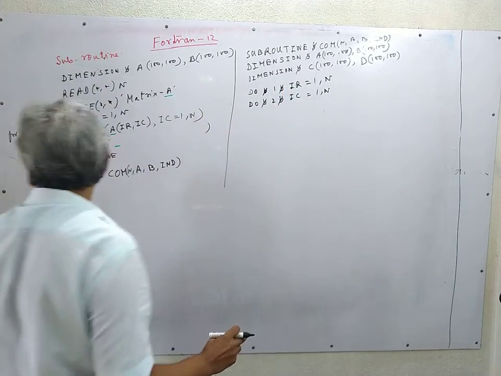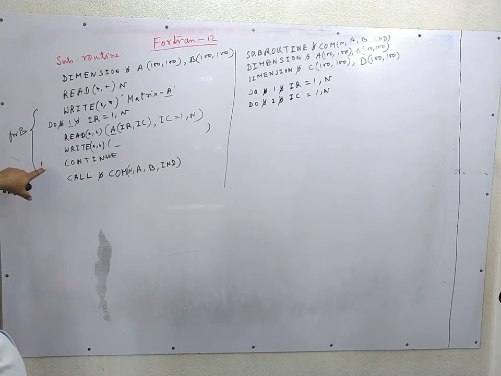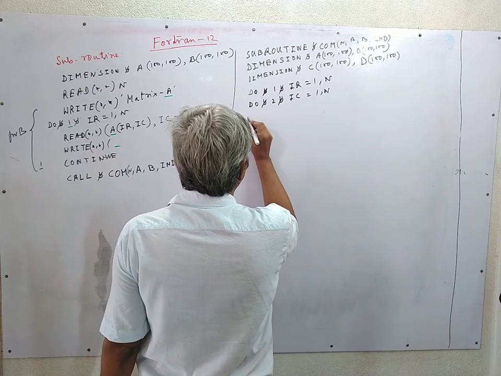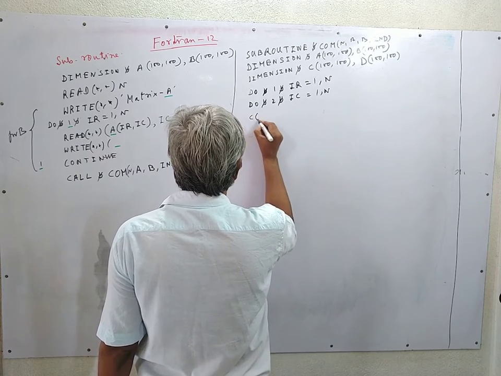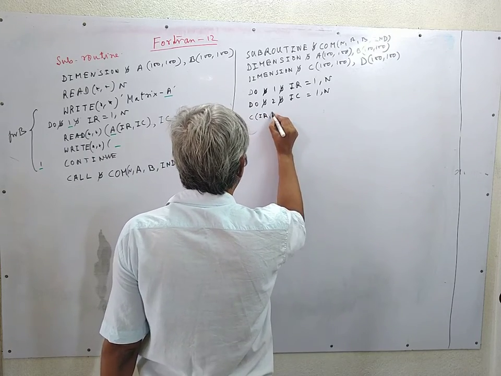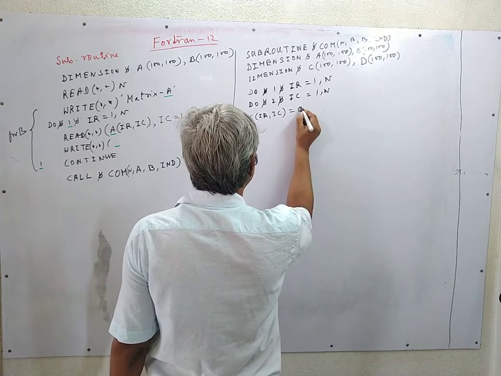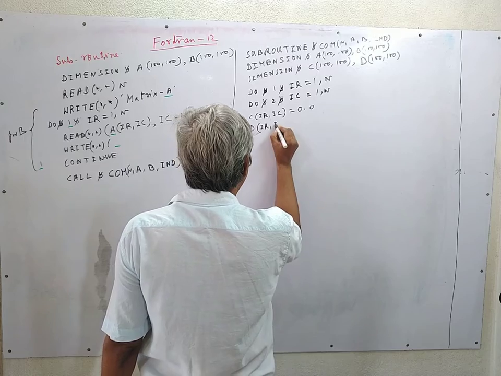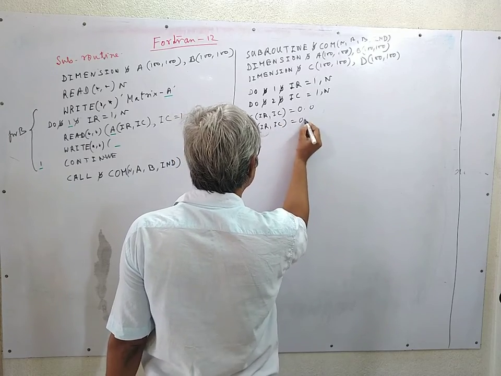This IR IC with this 1 2 will not conflict because this is in the main program and this is in the subroutine. Then within this we define CIR IC is equal to 0.0, DIR IC is equal to 0.0.